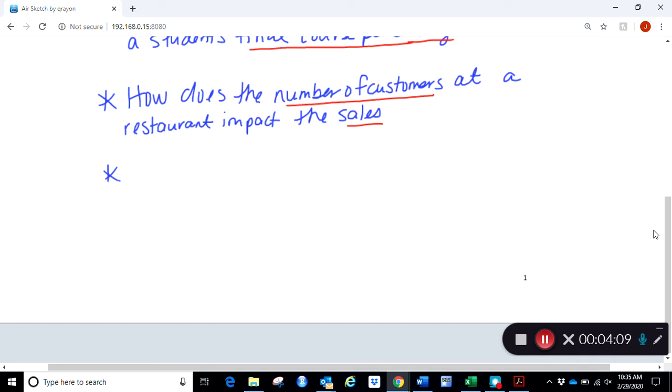Another example would be looking at how class size influences the amount of instruction for an individual.